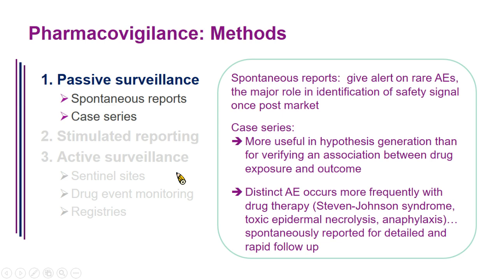So first, I would like to highlight the importance of passive surveillance. You can see this is the cornerstone of pharmacovigilance data. It is composed of spontaneous reports and case series. When we talk about spontaneous reports, we often refer to giving alerts on rare adverse events, and spontaneous reports play the major role in identifying a safety signal once a drug has been put on the market.